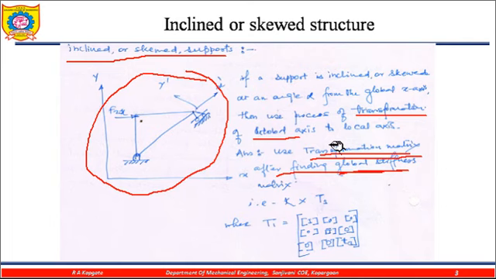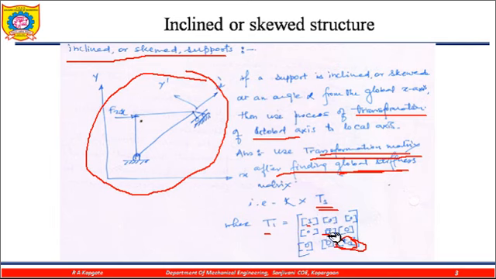This transformation matrix is used as K into T1, and it is a matrix where the diagonal values are the identity matrix, but here this one is the transformation matrix. The rest of the values are 0.